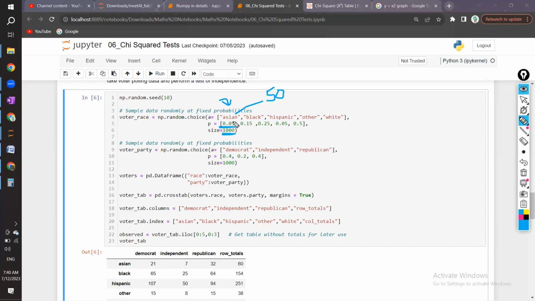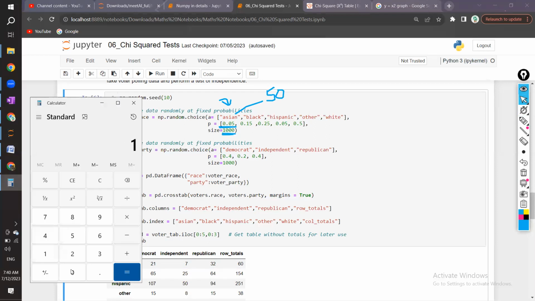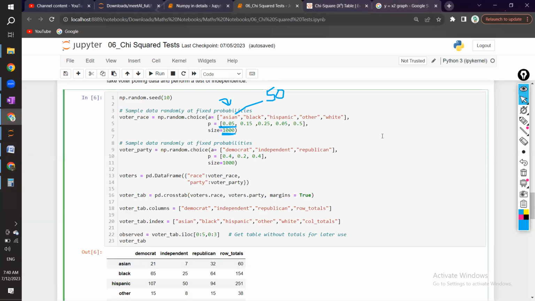What is 0.05 percentage? 5 by 100 into 1000, 50, or not? 1,000 into 0.05, guys. 50. Directly you can do it. So the Asian count is 50.